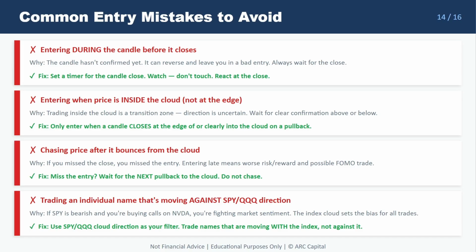So mistake number 4, trading an individual name that is moving against SPY and QQQ direction. Why? If SPY is bearish and you're buying calls on NVIDIA, you're fighting the market sentiment. The index cloud sets the bias for all trades. Fix: use SPY and QQQ cloud direction as your filter. Trade names that are moving with the indexes, not against it.